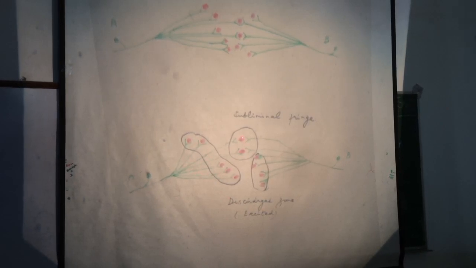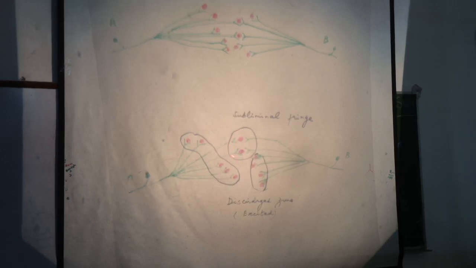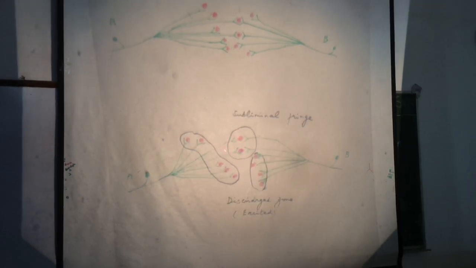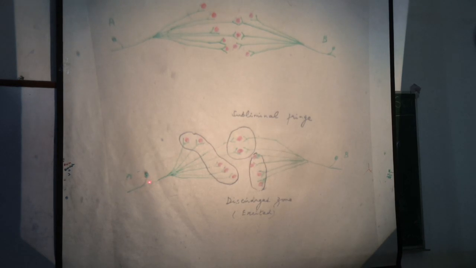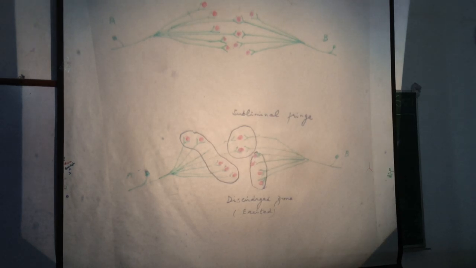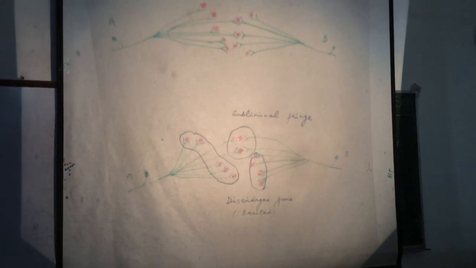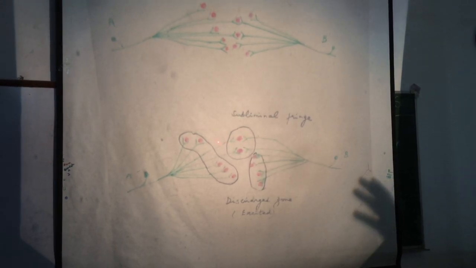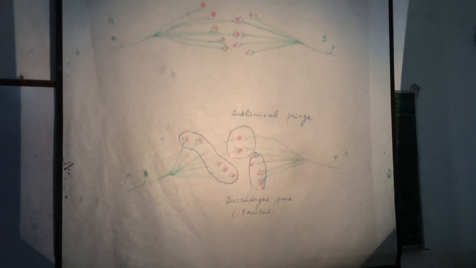You can also see 2 motor neurons also supplied by the afferent A. But these 2 motor neurons are not completely excited. These don't discharge. These are not fully excited.